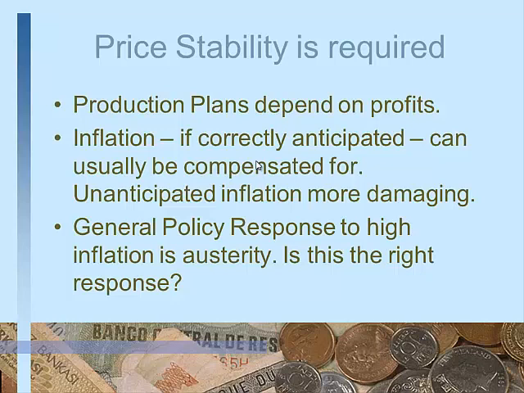Either prices can be stable at some fixed level, this is the desirable thing, or if there is inflation but everybody knows that there is going to be 10% inflation, then this doesn't really cause any problems, because everybody can factor this into their plans, and so you can compensate for this, and you can make plans, and you can make profits, and you can calculate how much money I could need to spend in order to make. So as long as inflation is anticipated, then it doesn't cause problems.